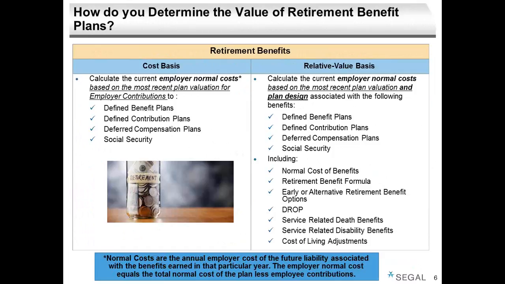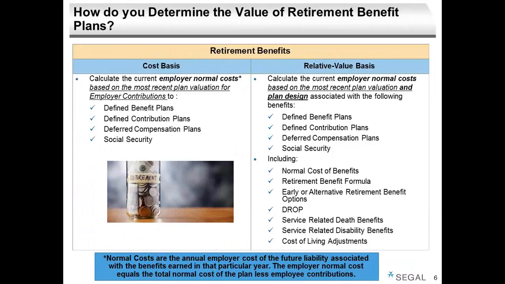So we know, obviously, that different plans have different levels of funding and different unfunded liabilities that may be amortized over time. For the purposes of these calculations, we look at the employer normal costs, particularly as it relates to the DB, defined benefit plans, and then look at any other additional contributions as a percent of pay.